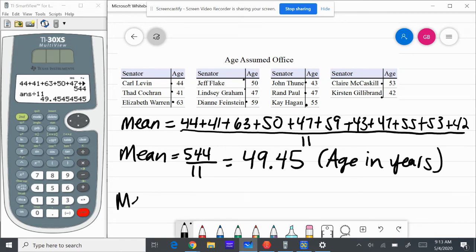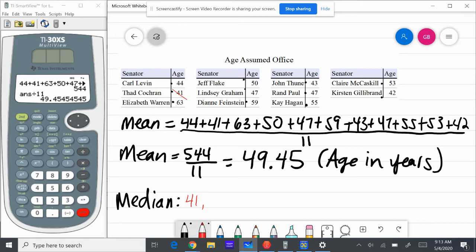So for the median, first, let's write all the numbers from least to greatest. Okay, the smallest number I see is, let me grab a red pen so we can see, I think 41. It's pretty young for a senator, but 41.